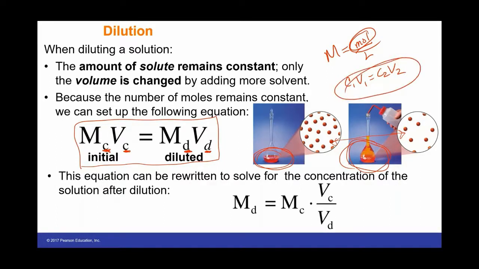Does it remind you of another equation that you've used in the past? It's very similar to Boyle's law, where the pressure and the volume are inversely proportional to each other, and what's constant is the temperature. So here we have a constant amount of solute.